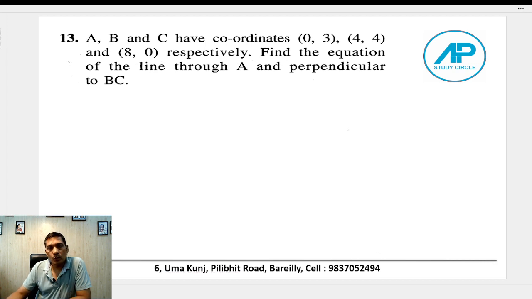Right, a different question. So again, the first concept, draw the diagram. The question is of a line through A perpendicular to BC. BC is the baseline.